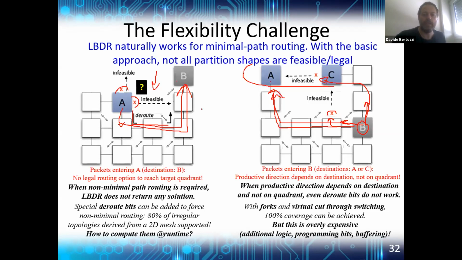And in this case, you are explicitly violating the LBDR principle of one direction per quadrant. But if you recognize this situation, you can forbid this kind of fancy partition shape during resource management. You can forbid allocating it, and the mechanism still works. Still, you have a lot of flexibility, as you will see later.